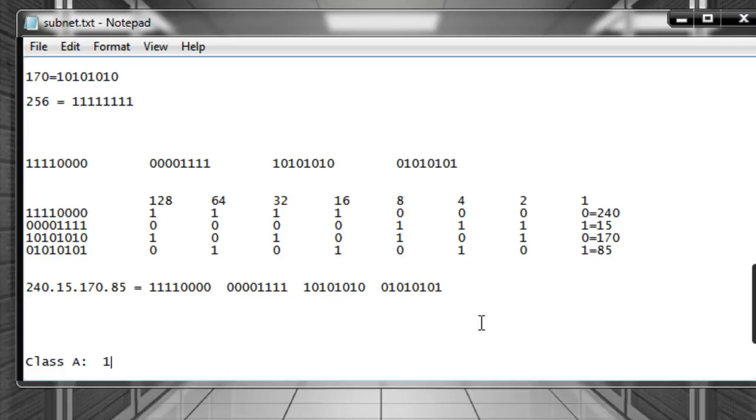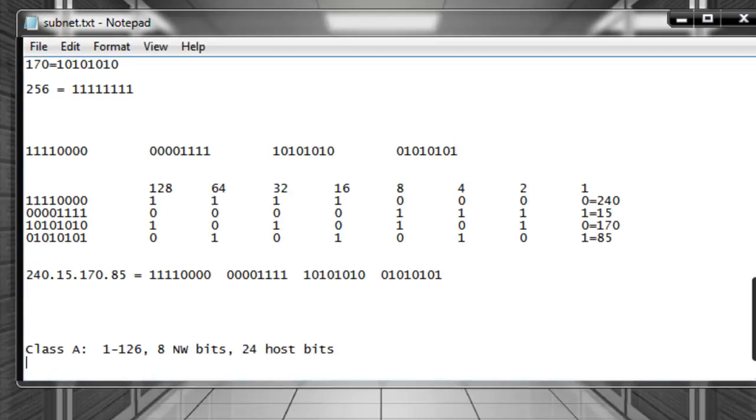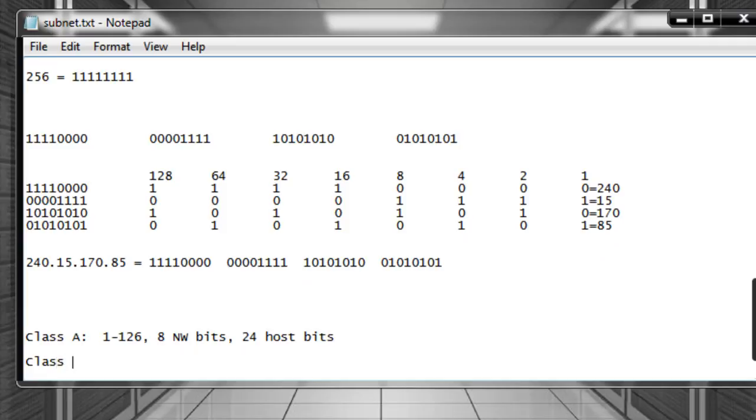Class A is what? That's 1 through 126. That's what the first octet is, with 8 network bits and 24 host bits. And then we've got Class B, which is 128 through 191, and it is 16 network bits and 16 host bits.